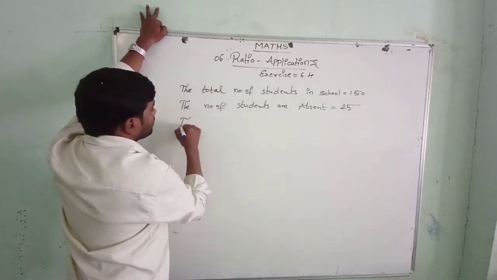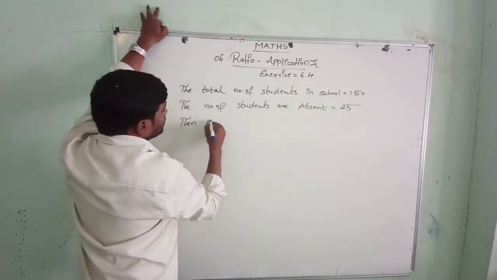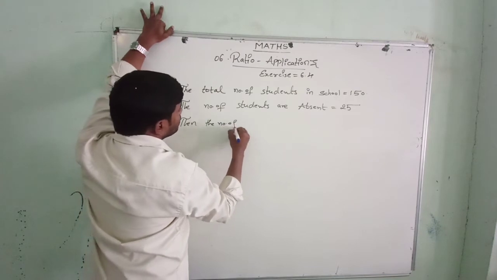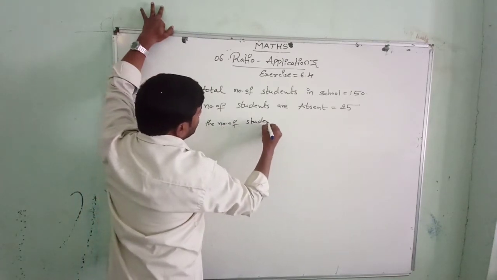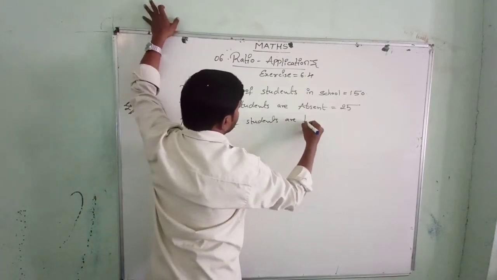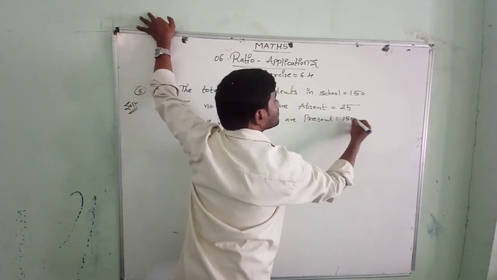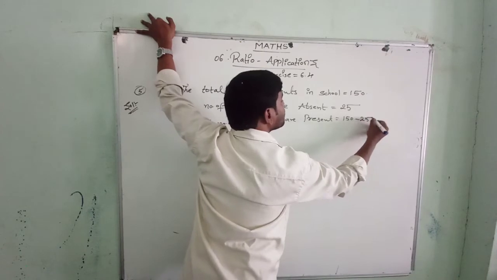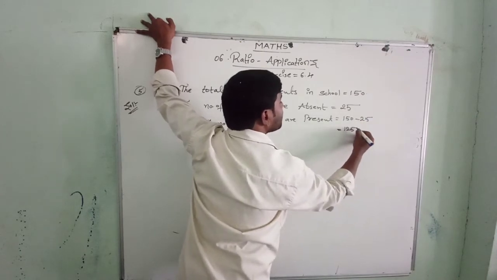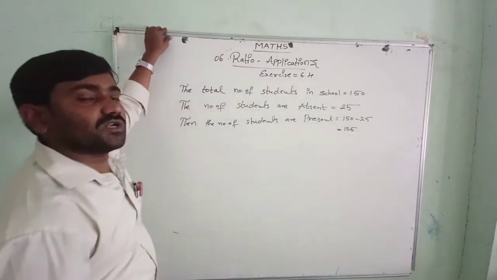Then the number of students present is equal to how many? 150 minus 25, that is equal to 125. 125 students are present.